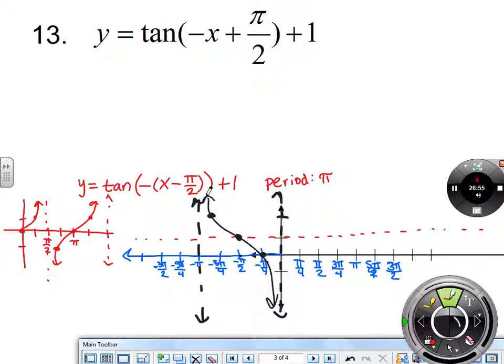Now if I made you show 3 periods of the graph or 2 periods of the graph on your test, all you'd have to do is be like a little computer and copy-paste that to different sides of the graph. Like you see the asymptote here, right? You expect 3 spaces between and then another asymptote. So I could go 1, 2, 3, another asymptote.